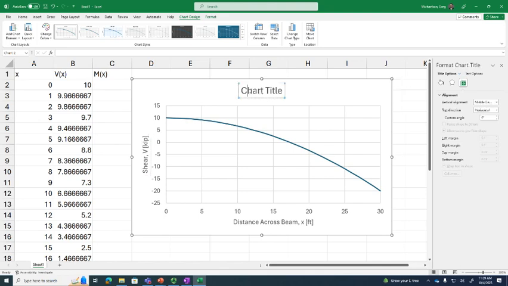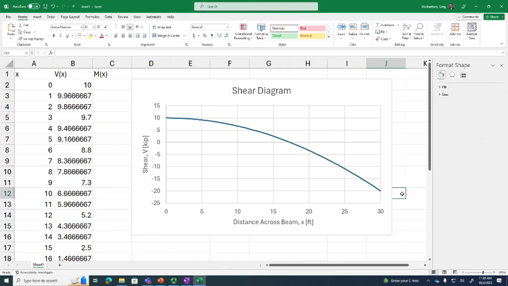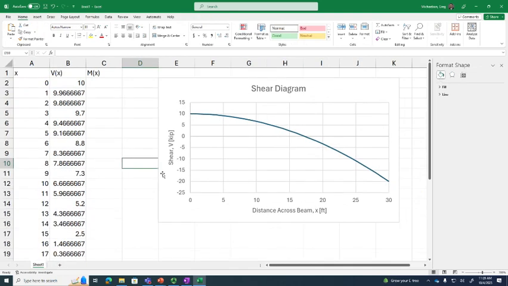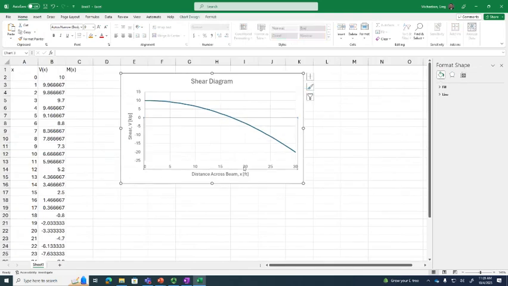And we'll name this shear diagram. Didn't take a lot of work, and now it's pretty professional, right? I'm going to move that over a little bit. There we go. Let's zoom out so everybody can see what's going on.